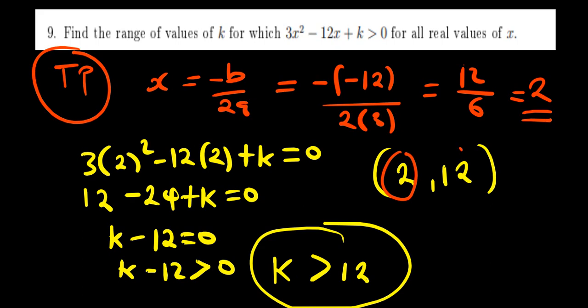For y, you start from 12 going all the way to positive infinity. So you want all the values of k that are greater than 12. This is where we're going to end this session.